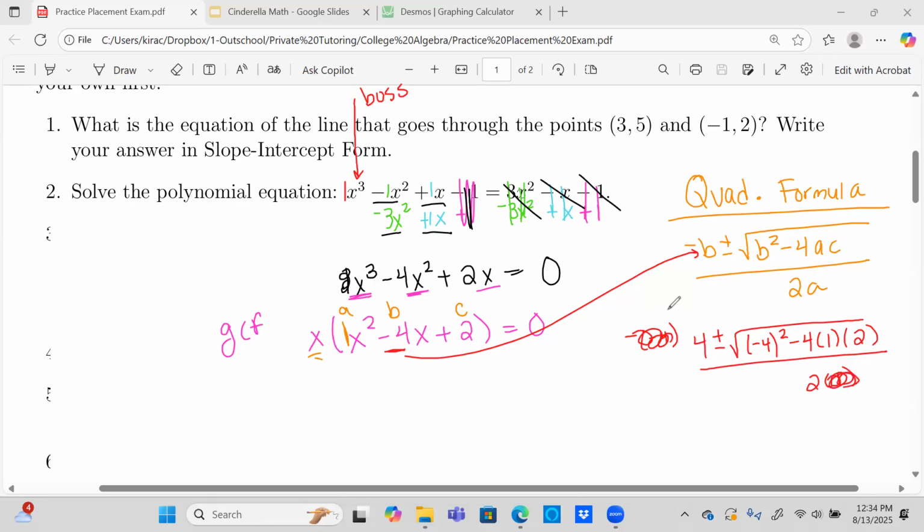If you're allowed a calculator, you could just throw that through, but I don't know if you are, so I'll do it by hand. So this is 4 plus or minus root negative 4 squared, so negative 4 times negative 4, that's 16, minus 4 times 1 times 2, so that would be 8. But then 16 minus 8 is this.